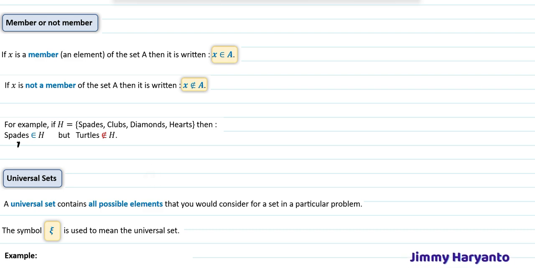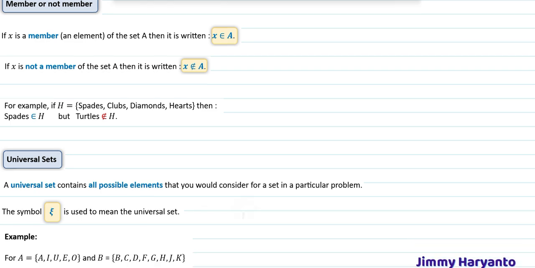That means spades is an element or a member of set H. But turtles, there are no turtles in set H. That means turtles is not an element or a member of set H. So that is member or not member.